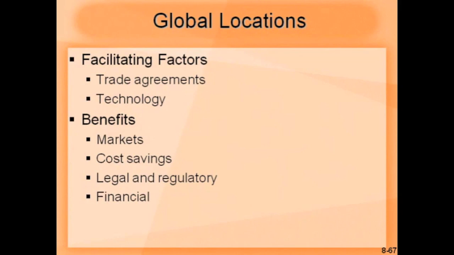Now coming to global locations, globalization obviously has a very important role to play on location. Facilitating factors are trade agreements. It could be between two countries or a group of countries, like a trade agreement, let's say, between the US and China. And also technology is a facilitating factor.